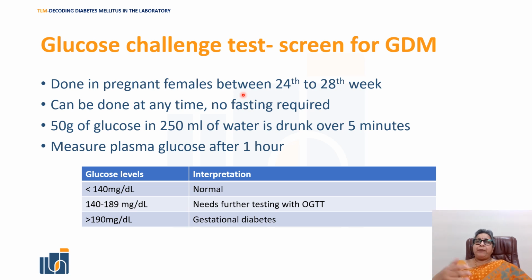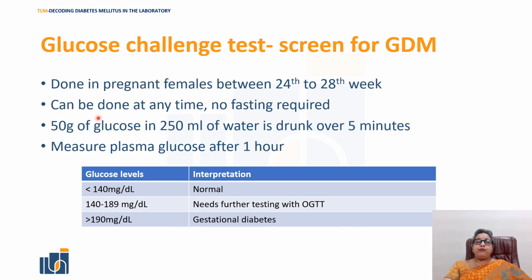Now, supposing the patient has a very strong family history, is very obese, is hypertensive, has a family history of diabetes, then you can do it even earlier at the 16th week and then maybe repeat it even in the 3rd trimester.